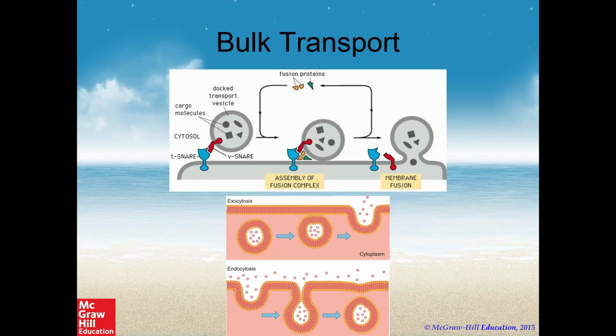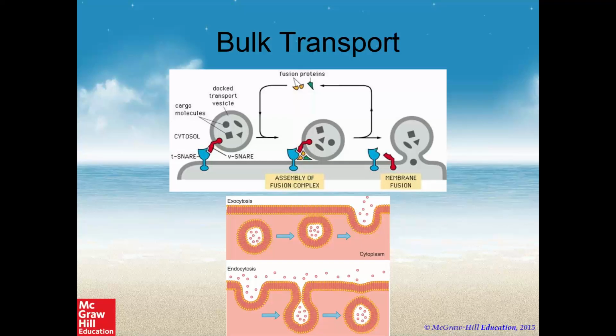So those SNAREs coming together allow for some peripheral proteins that are found on the inside of the cell to form a fusion complex. And so the cell membrane and the membrane of the vesicle fuse together, and whatever was inside can now enter the extracellular fluid.